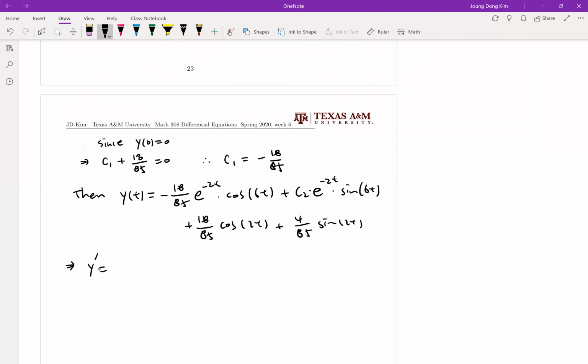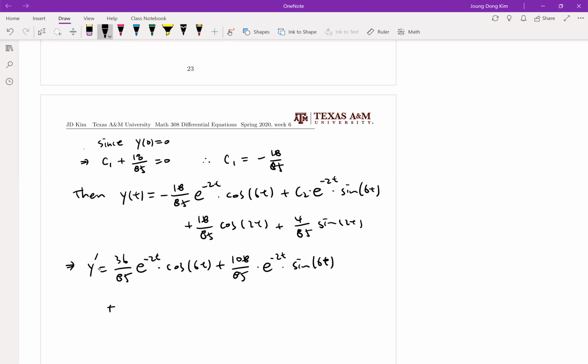Then we need y prime, which is equal to, by the product rule, 36 over 85 e to the minus 2t cosine 6t, and minus, it will be plus later, but let me do it at the same time, 108 over 85 e to the minus 2t times sine 6t. I'm doing the chain rule at the same time. And now what about the second term?